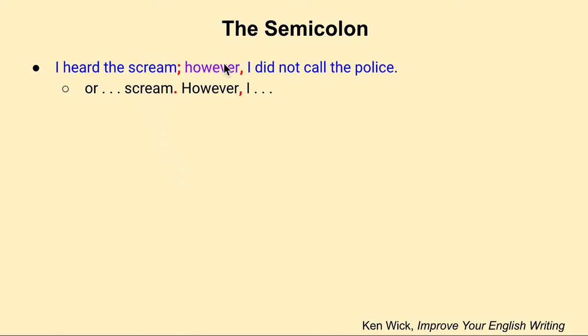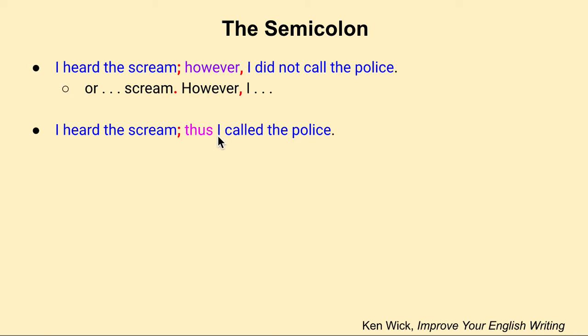But the rule is, two independent clauses joined by a conjunctive adverb or transitional expression. In this case, we have the conjunctive adverb. Here's another example: I heard the scream; thus I called the police. Remember in the last slide we said the conjunctive adverbs, I think there are 5 of them, I could be mistaken.